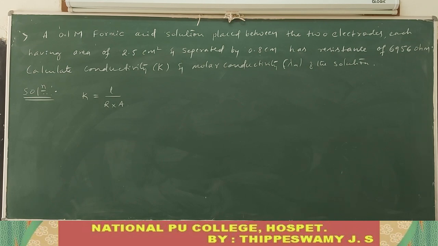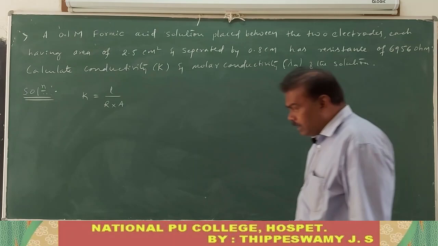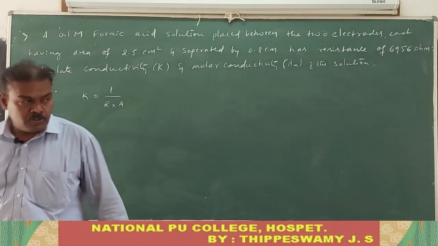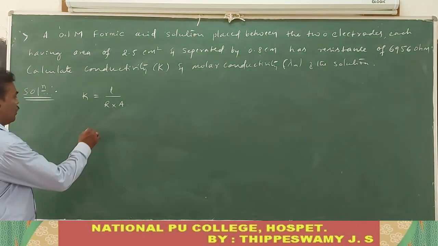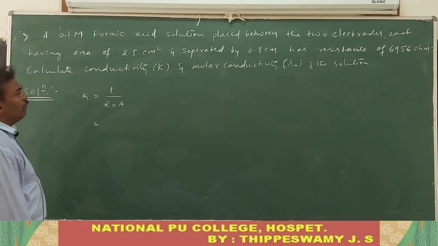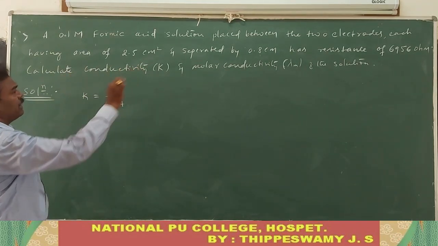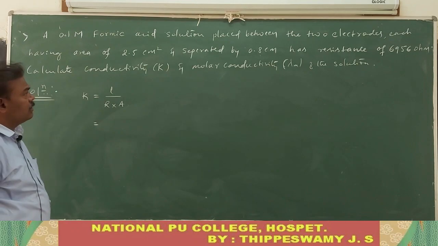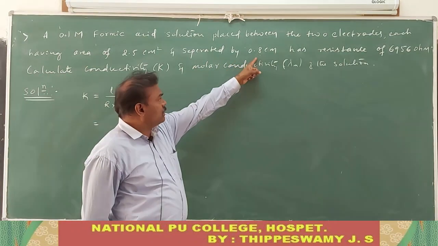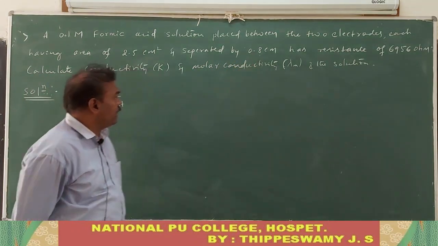So how do we get the specific conductivity of the solution? What is the value of L? L is the distance between the electrodes. How much is given? Separated by a distance of 0.8 centimeter.